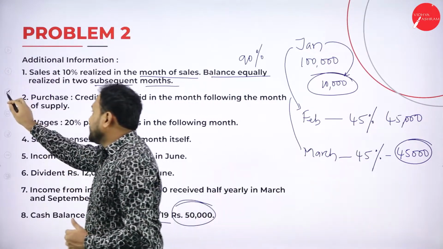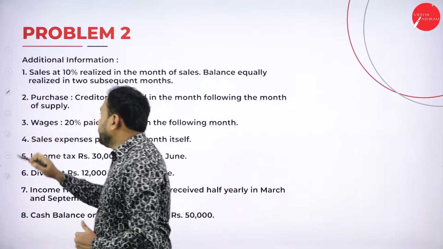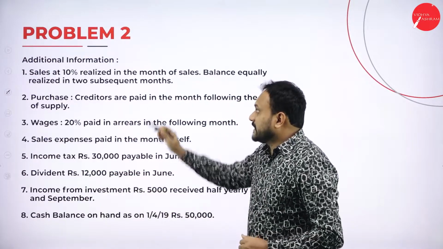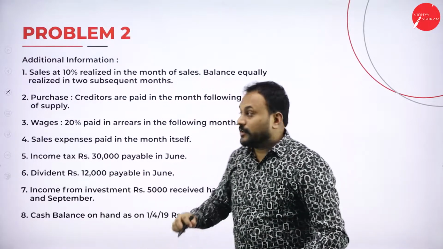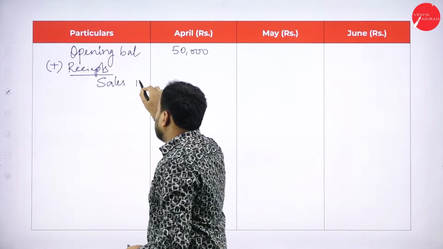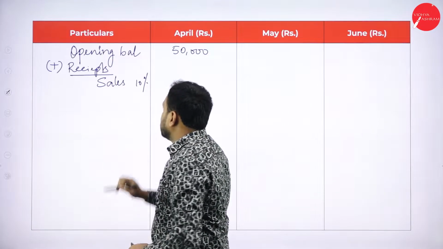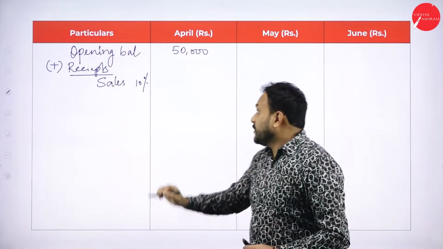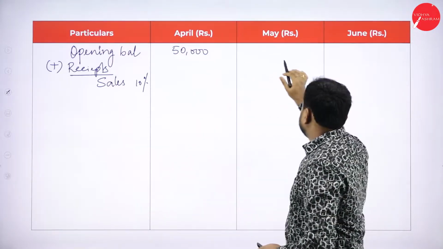So I'll just erase here. I just gave you the example. Now let's go with the sales at 10%. Firstly, sales I'll write, and here I'll go with 10%. We are preparing for the months of April, May, June.